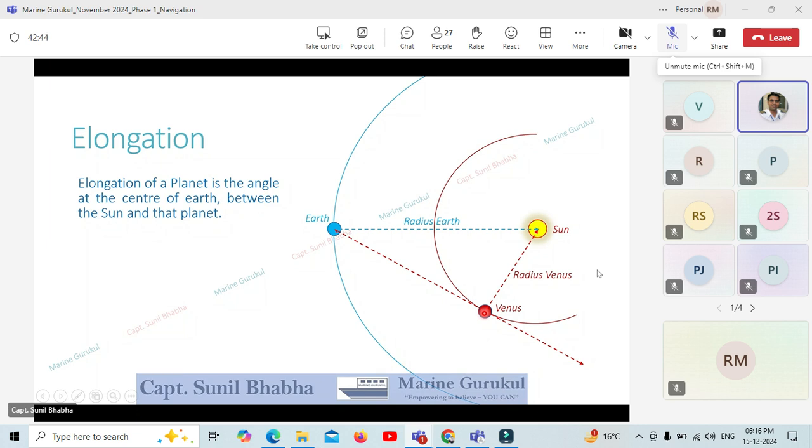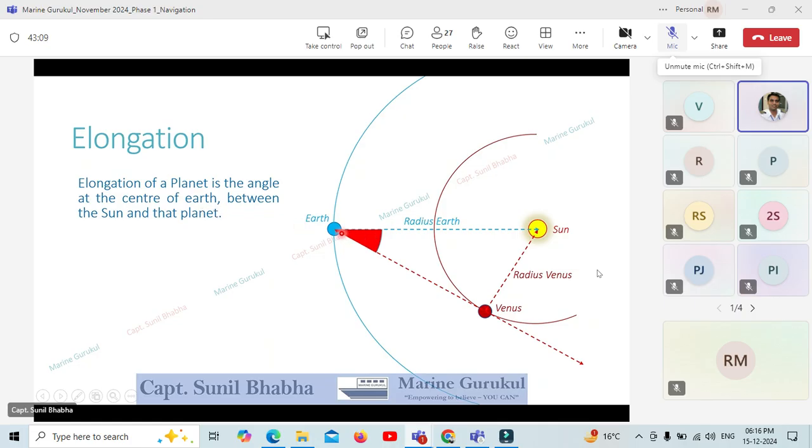Now from this diagram we can easily understand what elongation is. You see this red highlighted angle in the diagram is what is elongation. Let's try to match it with the definition of elongation. The definition says elongation of a planet is the angle at the center of the Earth.